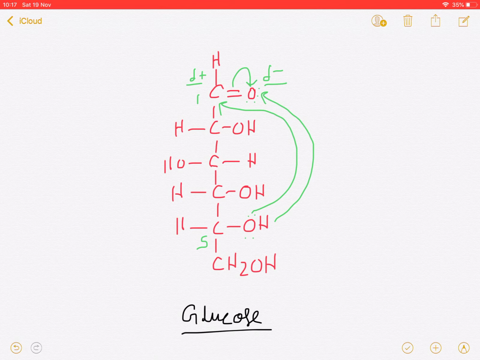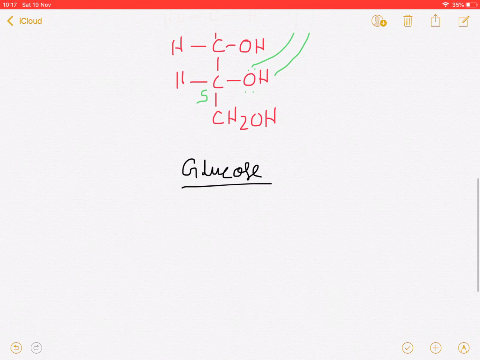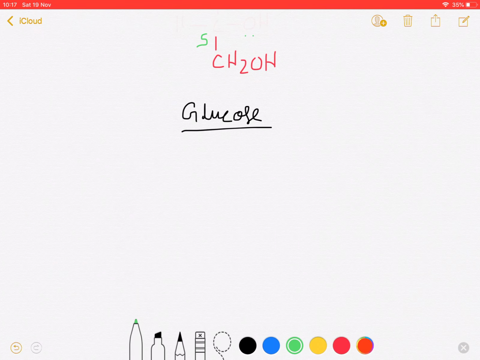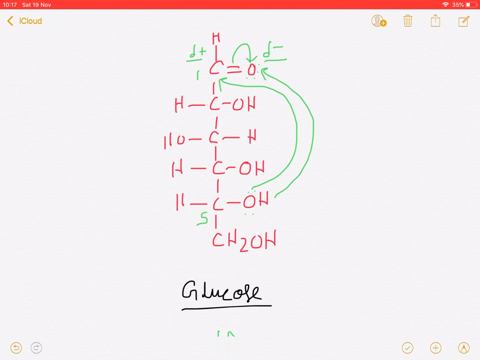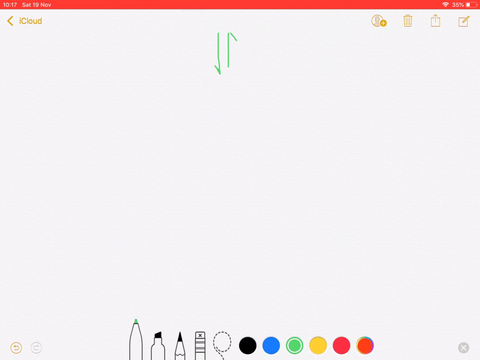So this kind of chemical reaction takes place, and this is the mechanism of this chemical reaction. So because of this reaction, this open chain form of glucose interconverts into the cyclic form. And what kind of cyclic form is that, let me tell you.